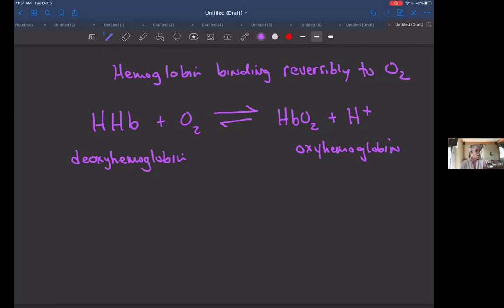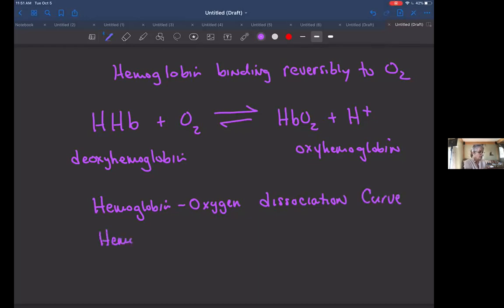Okay, so when we look at this, we can talk about what is referred to as the hemoglobin oxygen dissociation curve. And this has two variables. It has hemoglobin saturation, which refers to how much oxygen is bound to the hemoglobin molecule.